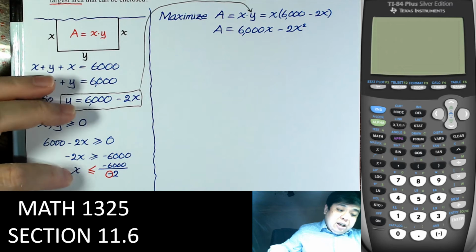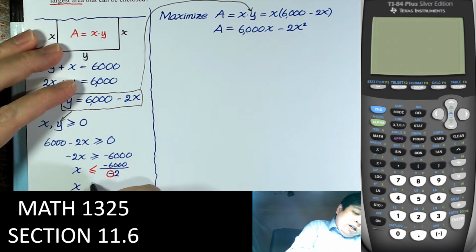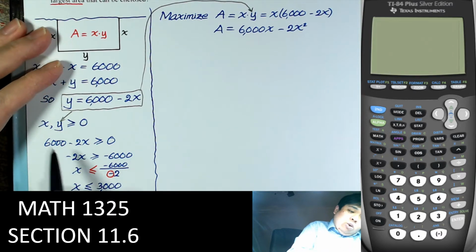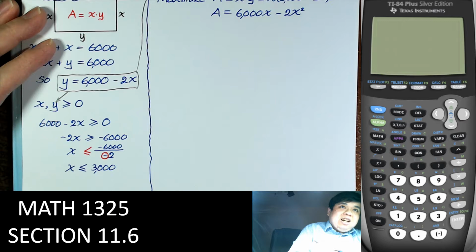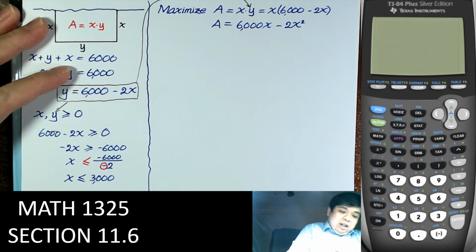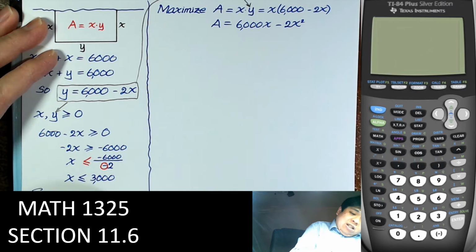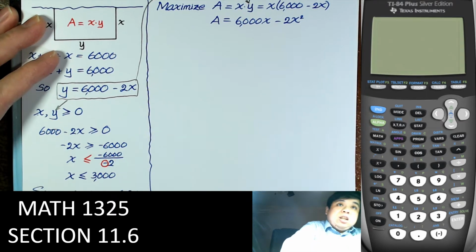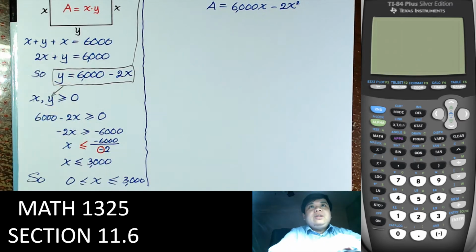So that gives us x less than or equal to 3,000. So we have x greater than or equal to 0 and x less than or equal to 3,000. So x is between 0 and 3,000. Right.